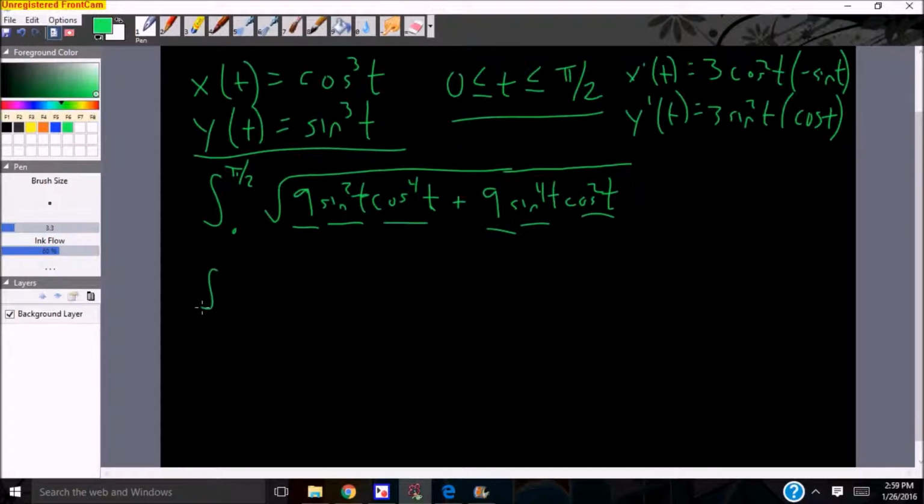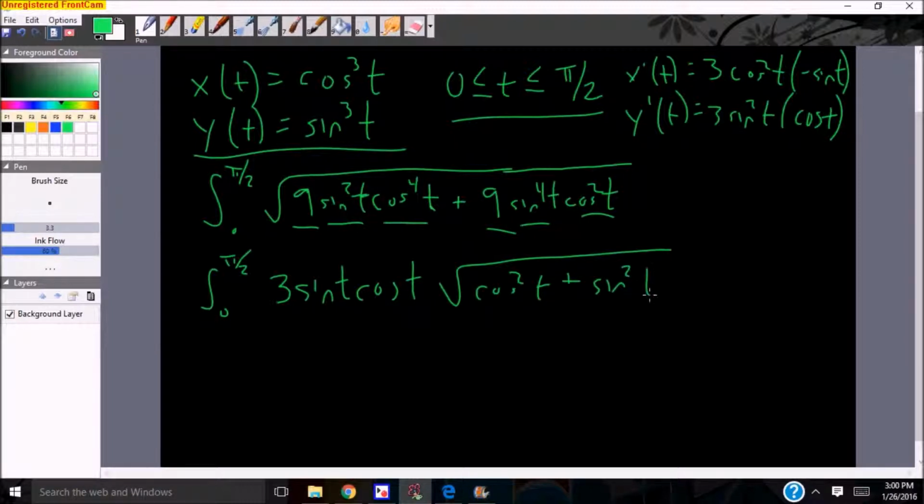So I'll go ahead and take the square root of all that, and that would be 3 sine of t cosine of t. And what would be left inside our square root would be a cosine squared and a sine squared. And I've got my dt back here.